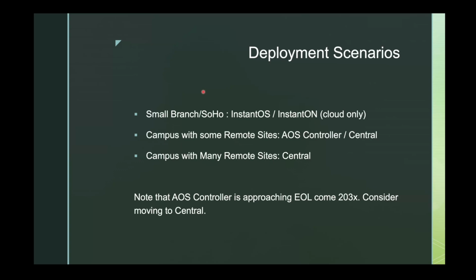Now, for a campus with some remote sites, you're going to want to use AOS controller or Central. For a campus with many remote sites or a remote site only deployment, you're going to want to use Central. Note that AOS controller is approaching end of life in the 2030s, and you should be considering moving to Central.